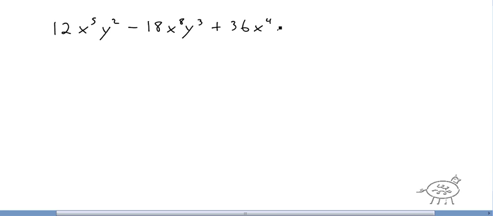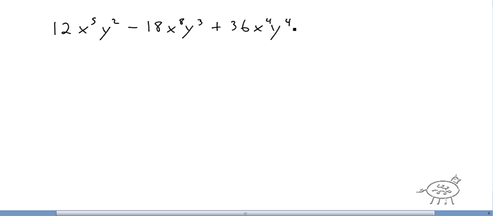So if I give you guys, let's do 12x to the fifth y squared minus 18x to the eighth y to the third plus 36x to the fourth y to the fourth.